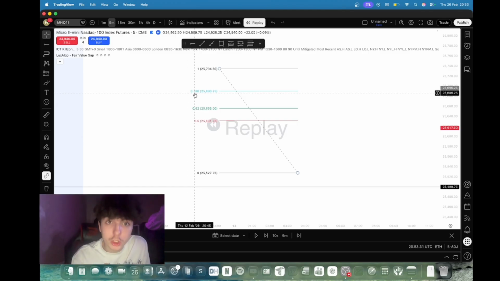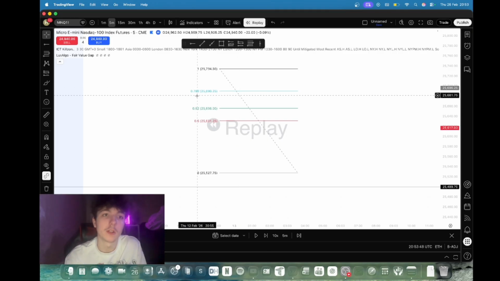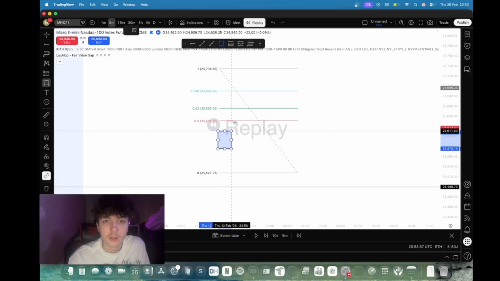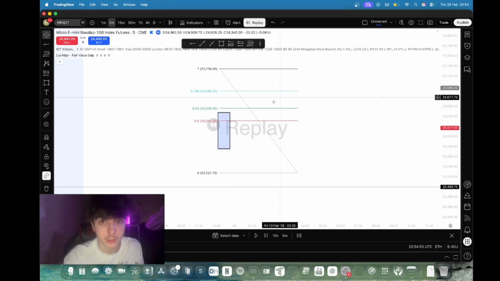And if we reach 0.786 and we close above it, all that means is this has been denied. Similar to an inverse fair value gap, where you see a fair value gap and a candle closure below it shows it's invalid. Same goes for the 78% extension. If we saw a candle come up and close here, cool, we could consider a reversal.